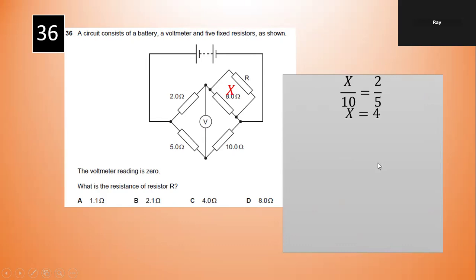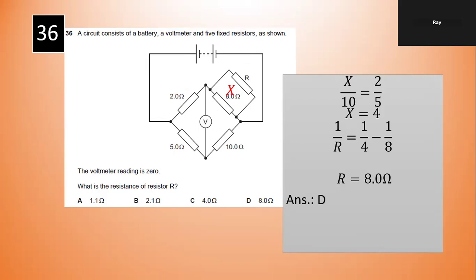It's actually called Wheatstone Bridge, but the syllabus doesn't mention it. X is 4, then take the reciprocal. This is parallel: 1 over X equals 1 over R plus 1 over 8. You want 1 over R, so you take 1 over 8 across, it becomes minus. Anything not clear?